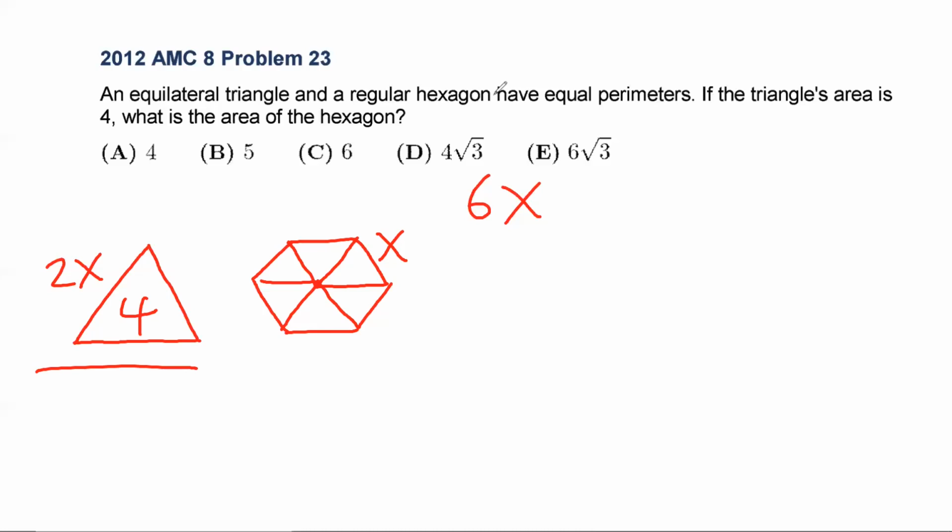So that means that their area ratio is 1 to 2 squared, which is 1 to 4. And so that actually means that since the area of the bigger one is 4, the area of the smaller triangle must be 1. So each of these small equilateral triangles has an area of 1. And since there are 6 of them, that means the answer is C, 6.